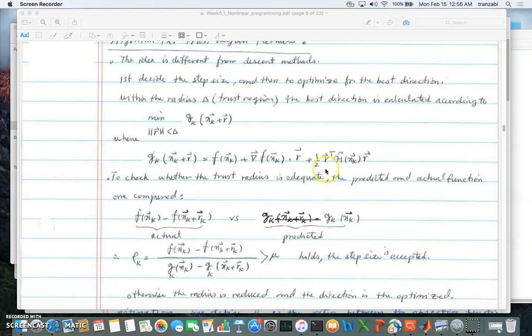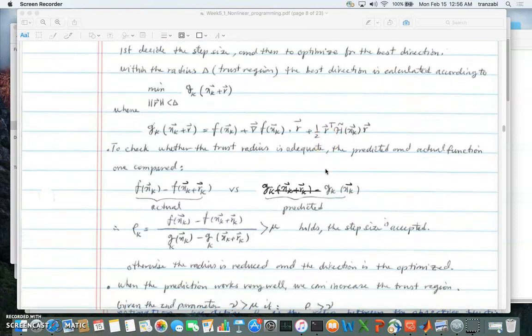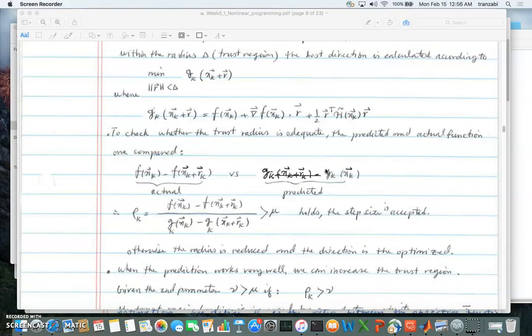Okay, so then how can we measure whether the step size that we're taking along the direction is enough? So now we have two functions to look at. One is the original function f, and the other one is the Taylor series version of the original, which is called g. Okay. So in the Taylor series, we only keep the first three terms.